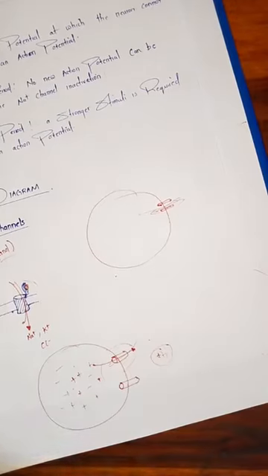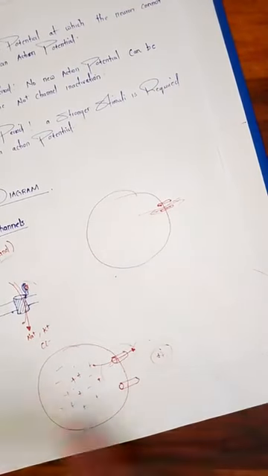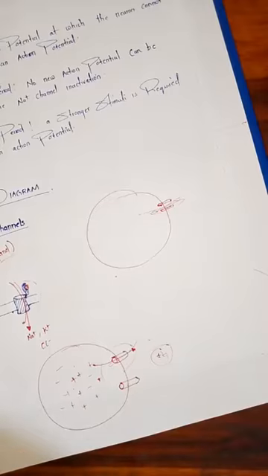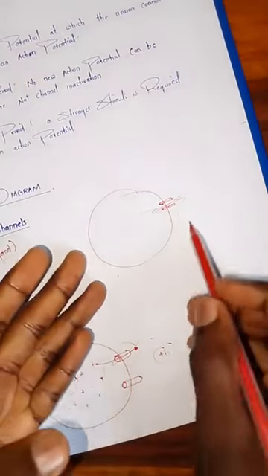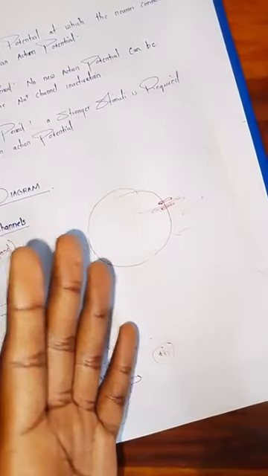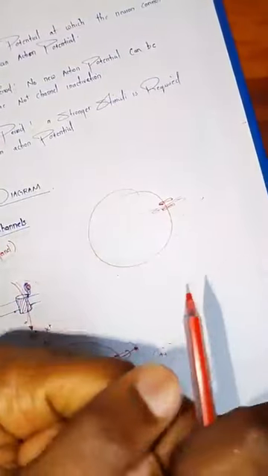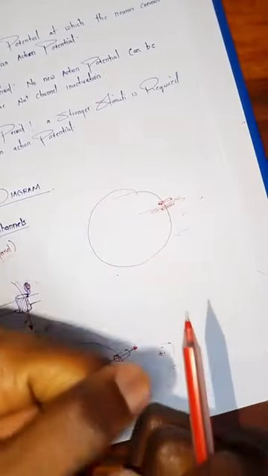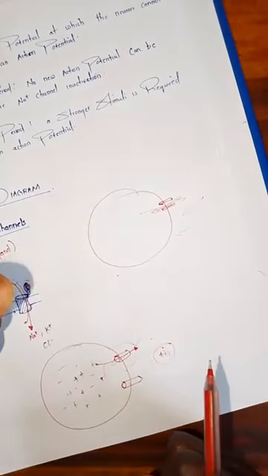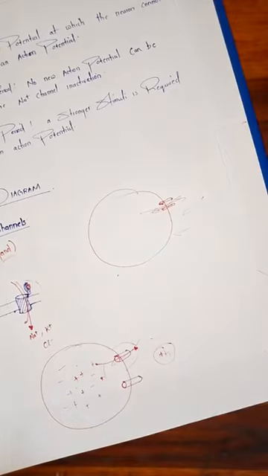And sometimes it can just be due to vibration. So these mechanically gated channels open in response to a physical deformation of the membrane, meaning that when pressure is applied, it causes a little bit of deformation in the membrane, causing it to stretch and open these channels. This is how mechanically gated channels work.